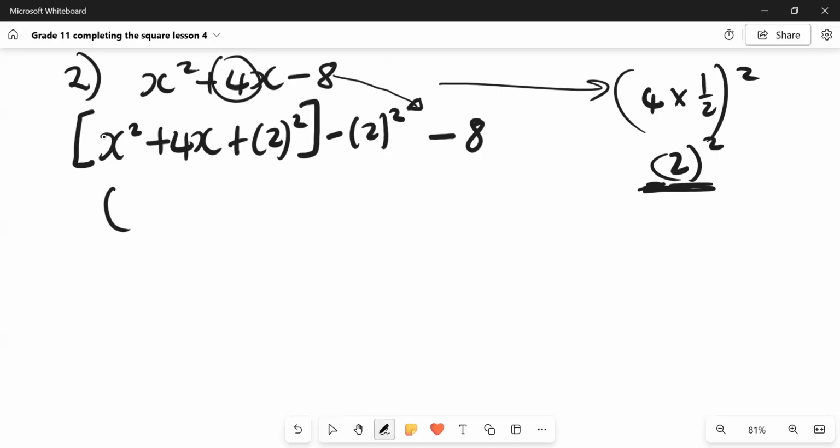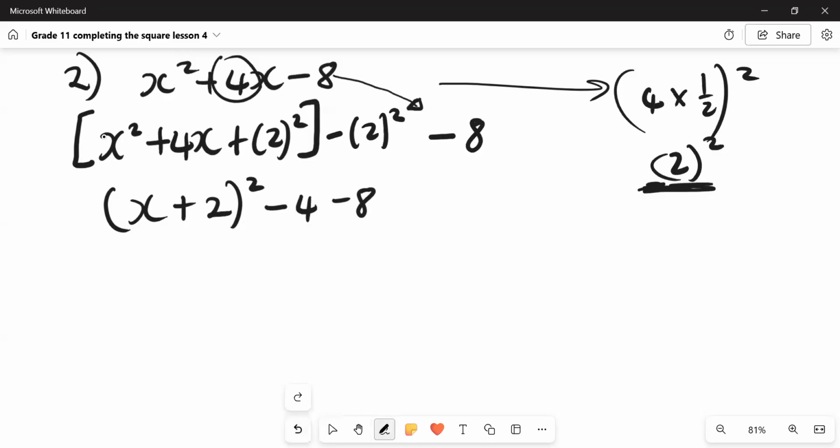And then this becomes your x plus 2 all squared minus 4 minus 8. So how do I get to this level? Square root of x squared, that's x. Square root of 2 squared, that's 2. Drop down the plus sign, that's a plus sign there. And then we're done, just like that.